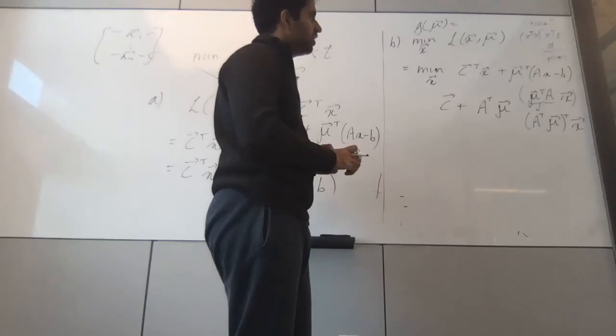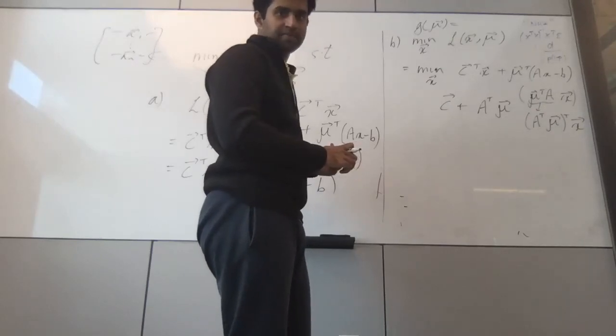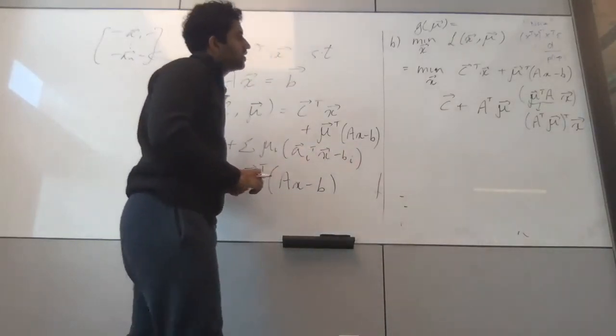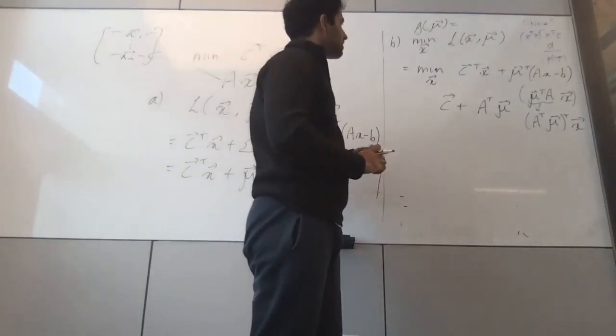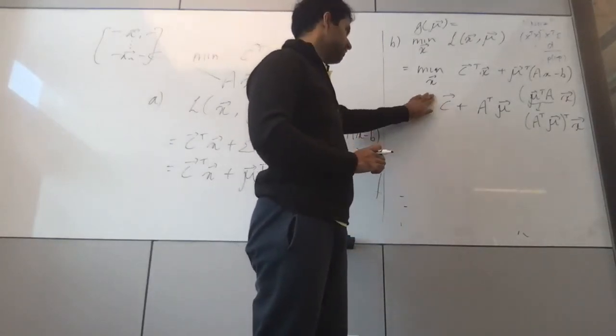After you take the derivative, (A transpose mu) transpose x becomes just A transpose mu, right? Yeah. So this is the derivative of the function.